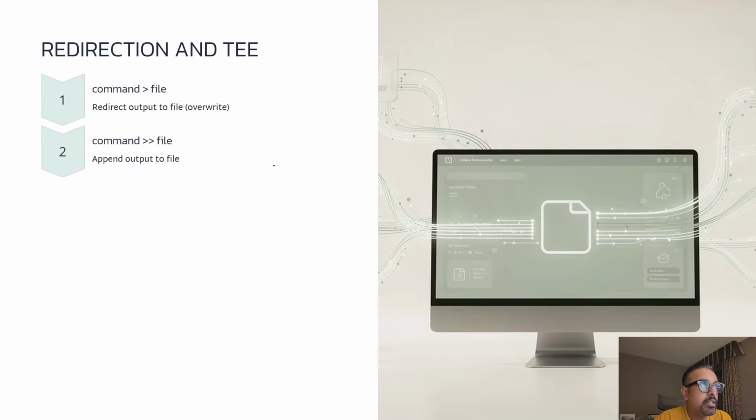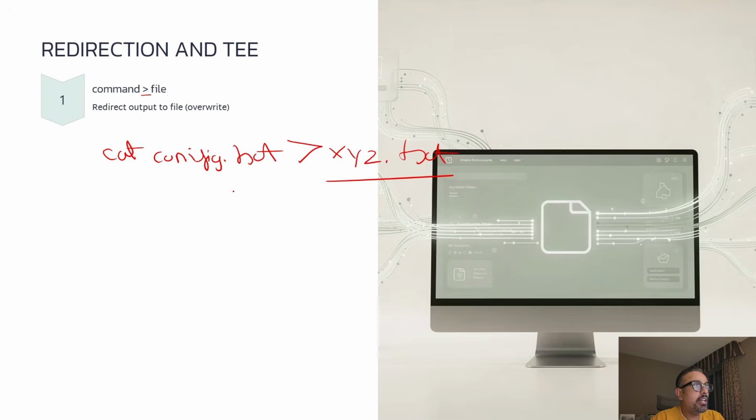Then command double greater than sign appends the output to the file instead of overwriting it. Previously I said that if the file does not exist, it is going to create a new file. And if the file exists, and I previously used config.txt to send this over here, then if I use user.txt instead and send it to the same file with a single greater than, it will overwrite the content.